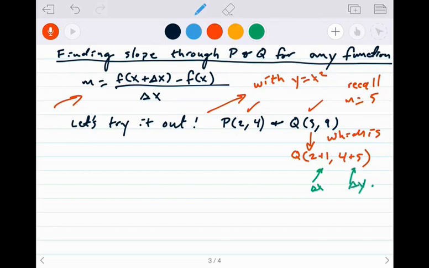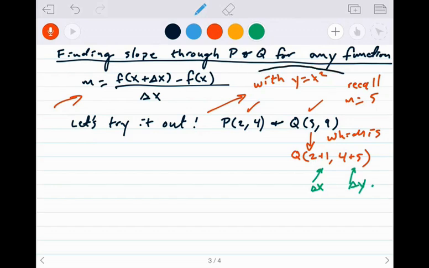Remember, everything is in relation to P. So Q is now 2 plus 1, that's the x part, and the y part is 4 plus 5. So let's see if this works. Let's try it out.